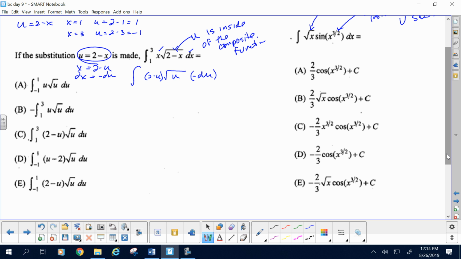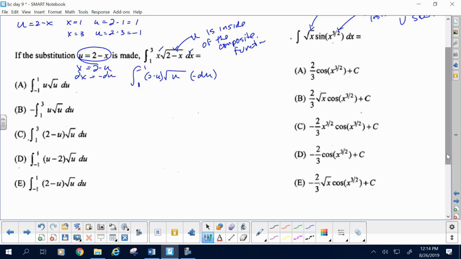Do I put the negative 1 on the bottom and the 1 on the top because I want it to go from lesser to greater? Or is it 1 on the bottom and negative 1 on the top? Because, doggone it, I don't get to change the order unless I do something else. So, which is it? 1 on the bottom. When you put in 1, you got out 1, and when you put in 3, you got negative 1.